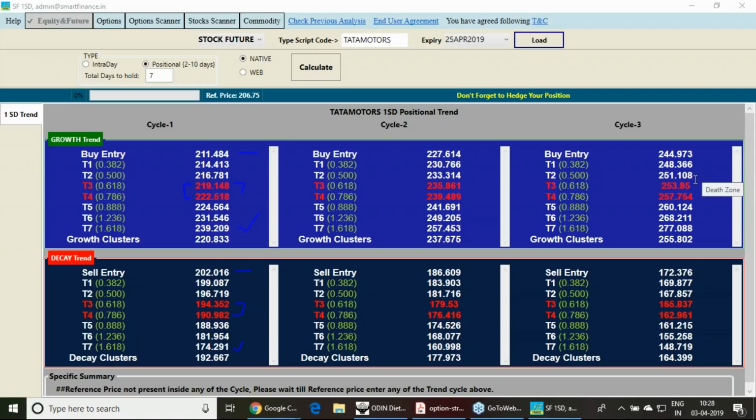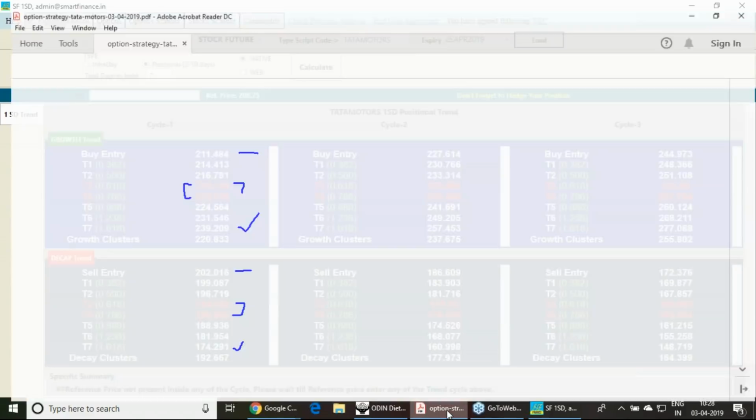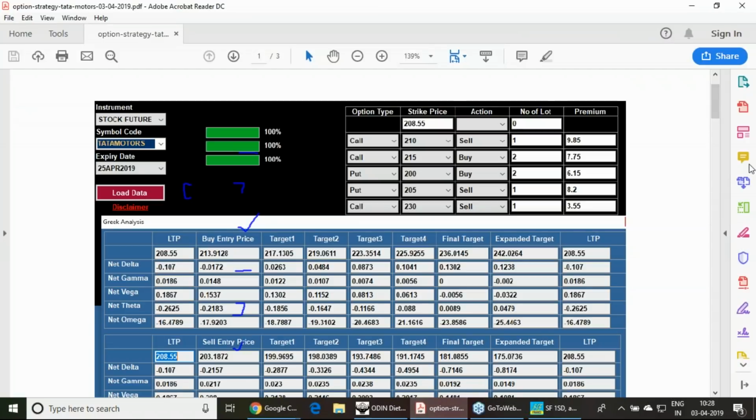So I am going with a risk neutral approach: delta neutral, vega neutral, theta neutral. Slightly it will look complex to you, but this is a very simple strategy, a combination of market neutral strategies, whether it goes up or comes down. It is a 2/1 ratio call spread and a 2/1 ratio put spread. Along with that, I am adding one more lot, one out of the money call option sell.